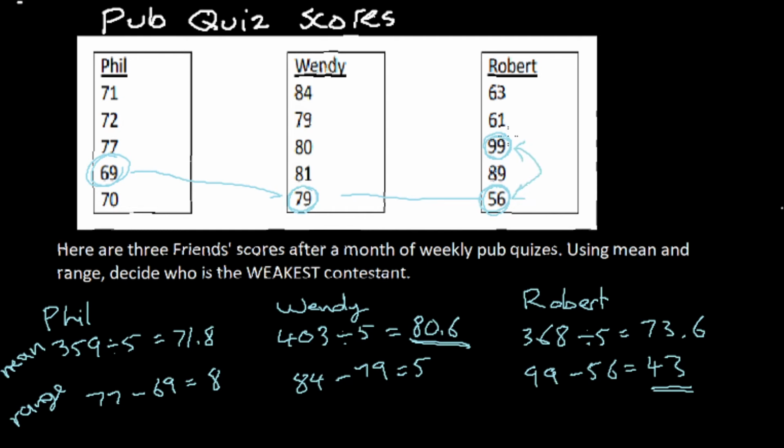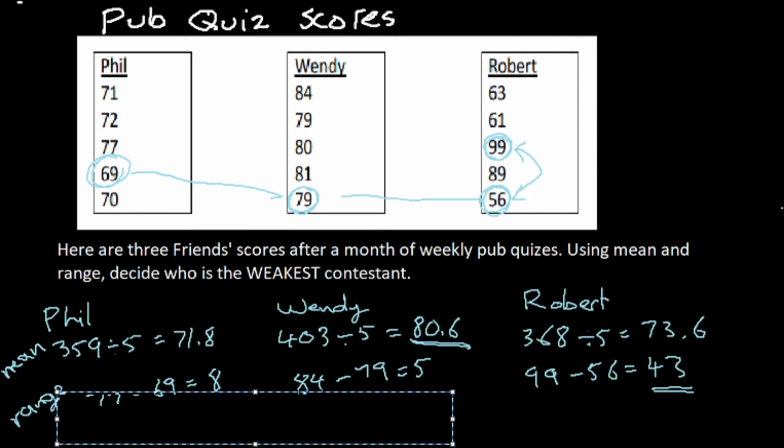Sometimes he can get a good score, but sometimes his score's terrible. And for this reason, I'd probably choose Robert as the weakest. Although if you like, you could choose Phil, because Phil's mean is the lowest. But for me, because Robert is so unreliable, I would choose him as the weakest.